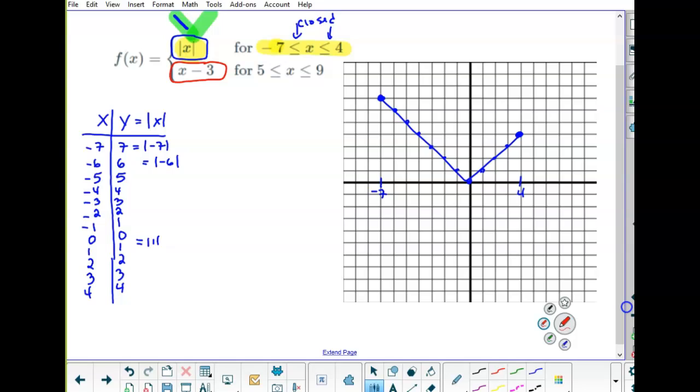If you want to make your table, you can. Or, what's the slope here? Which, by the way, this is linear. What's the slope on that problem? 1.